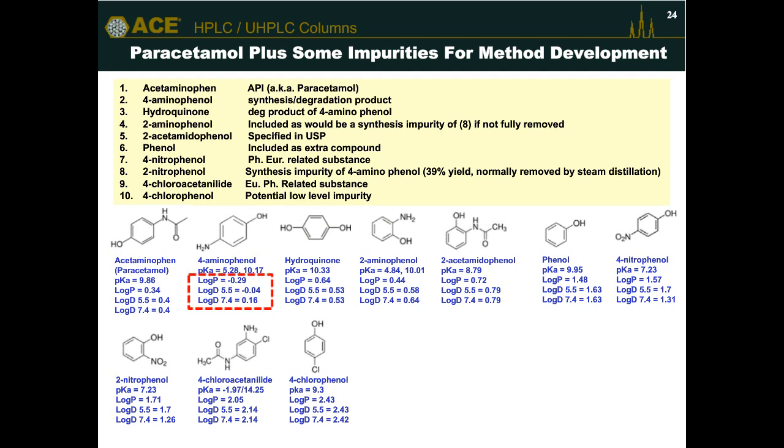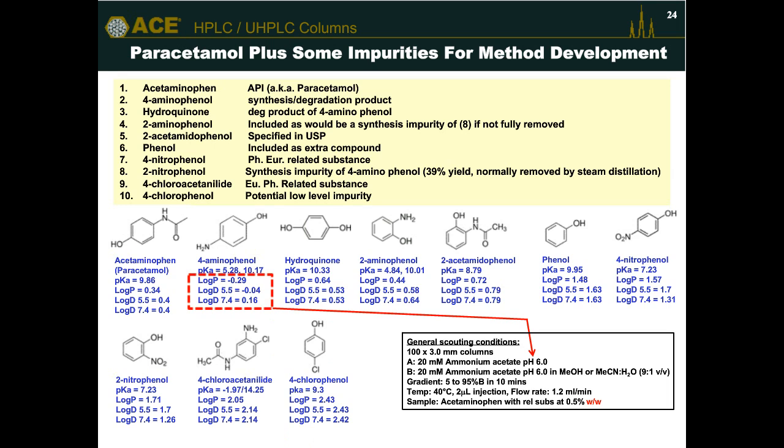And so for this example, we actually need to change our starting conditions, because we can see here from the log D data that as we increase the pH, the polarity of the compound reduces. So if we increase the pH of our mobile phase, we should get some retention of this compound. And of course, we have to retain all of our compounds so we can integrate them and quantify them.